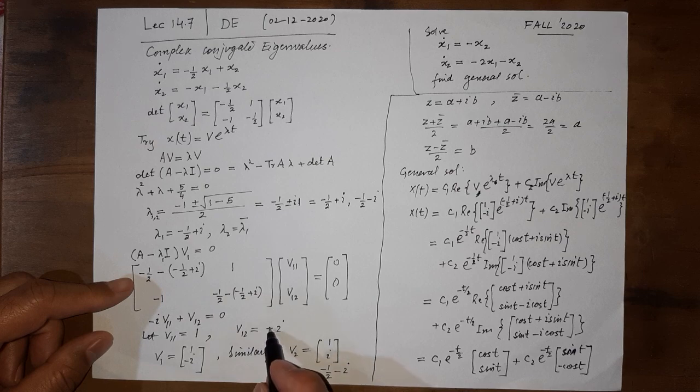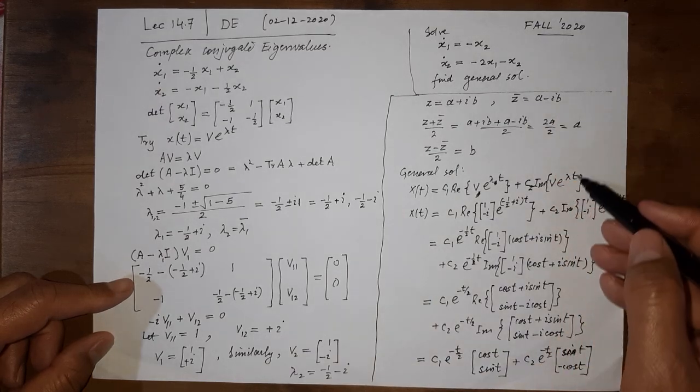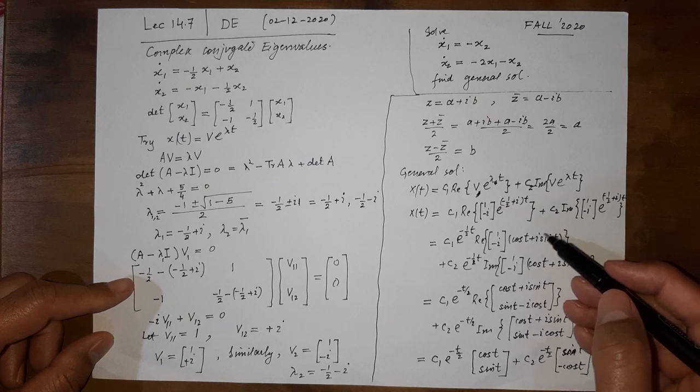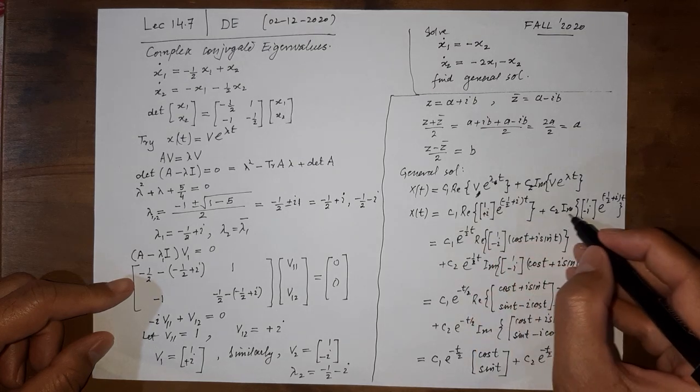And therefore, this was the plus iota case and this was the minus iota case. And throughout we would have this plus iota here.